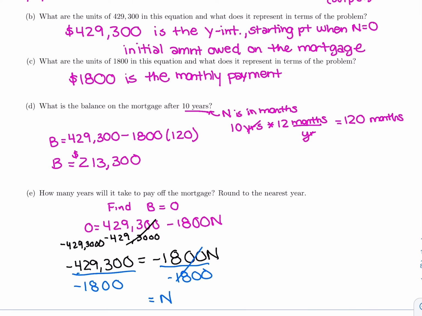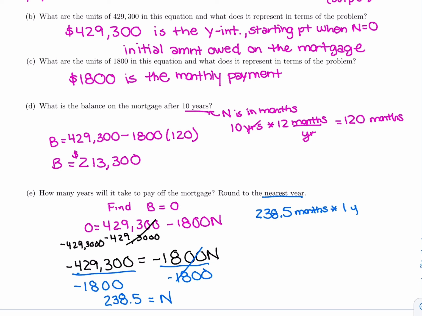So n equals 429,300 divided by 1,800. Those are both negative, so they cancel out to be a positive 238.5 as our number of payments. Well, that's months. It says round to the nearest year. So I'm going to take that 238.5 months and figure out how many months are in a year.